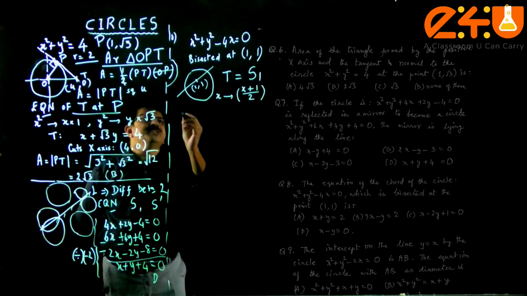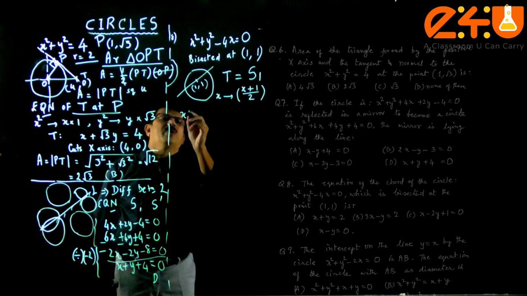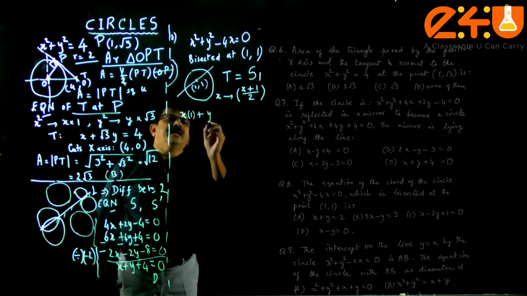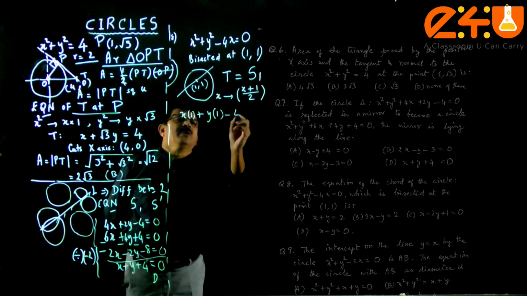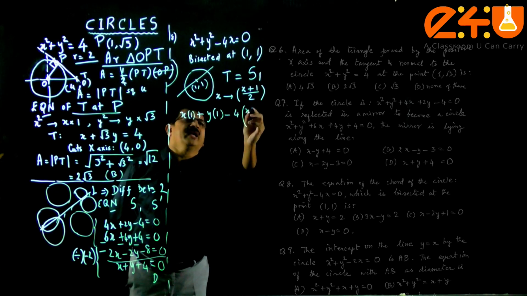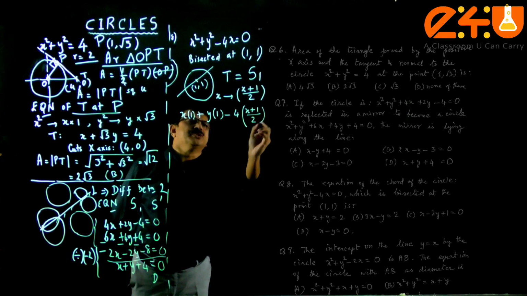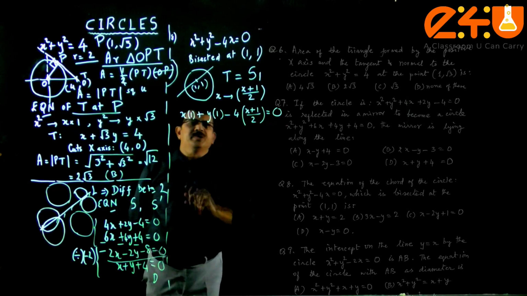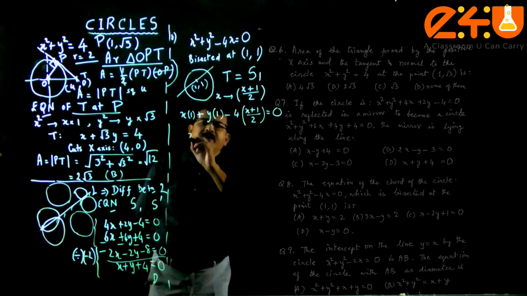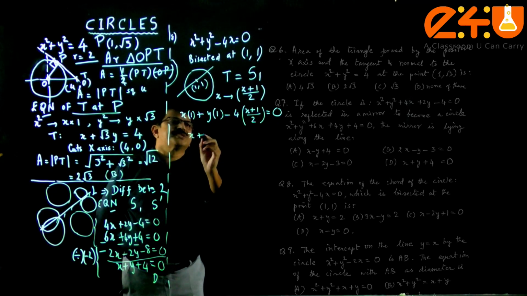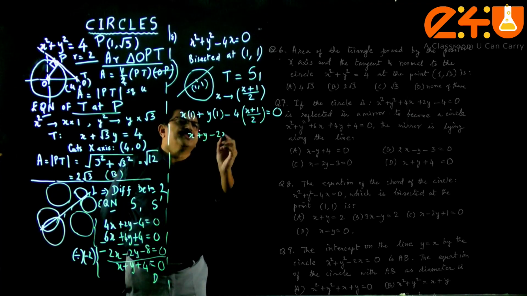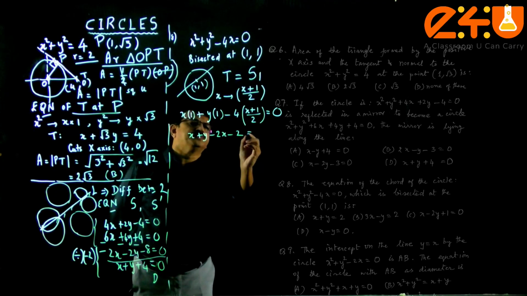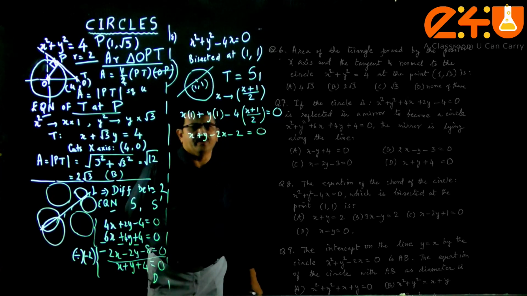T is x times x1, y times y1, 4 times x plus x1 over 2, and RHS is 0. So we get x plus y minus 2x minus 2 equal 0.